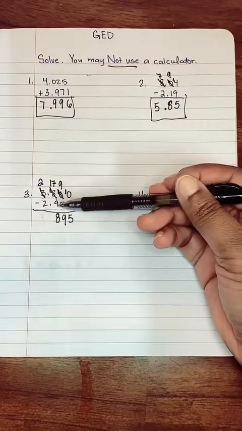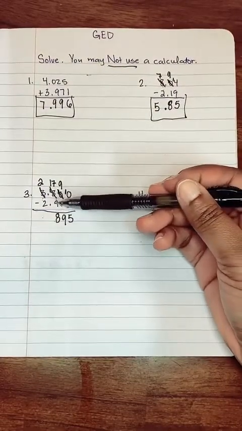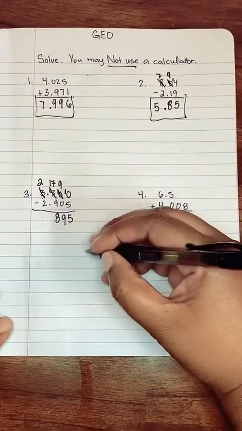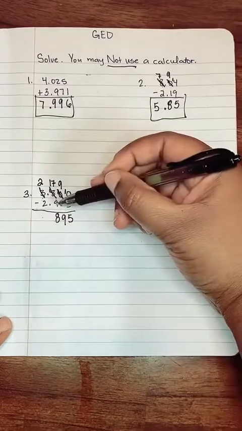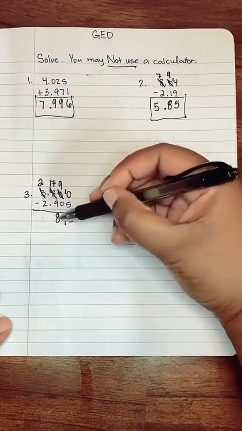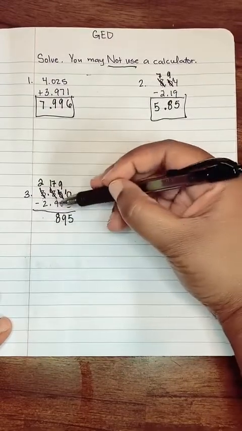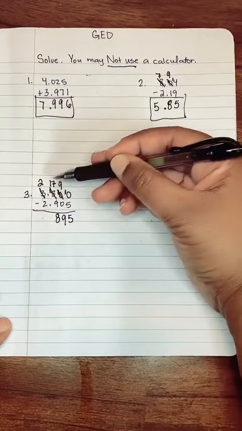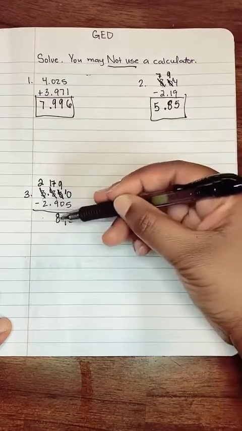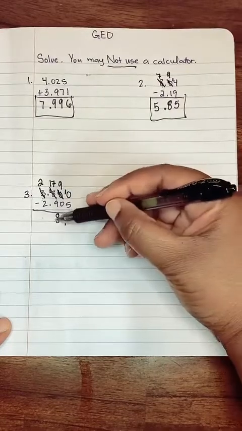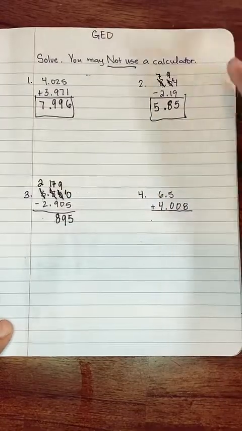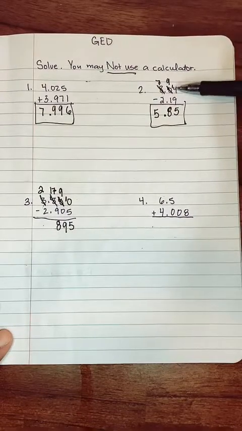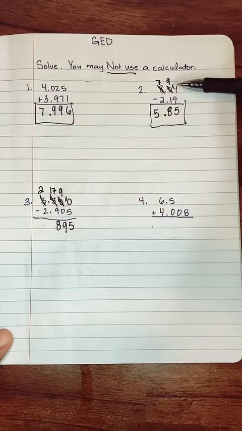So 17, I knew this is going to be 8, because whatever the 7 is here, it has to be 1 up from 7. So I know it's going to be 8. Just like up here for the 14 minus 9, I look at the 4, I know it has to be 5 because 9 plus 5 gets me 14. And that always works. So let me give you another example.